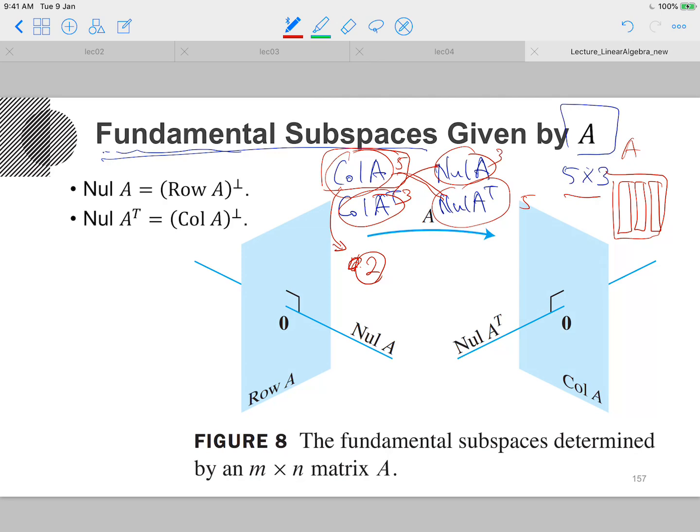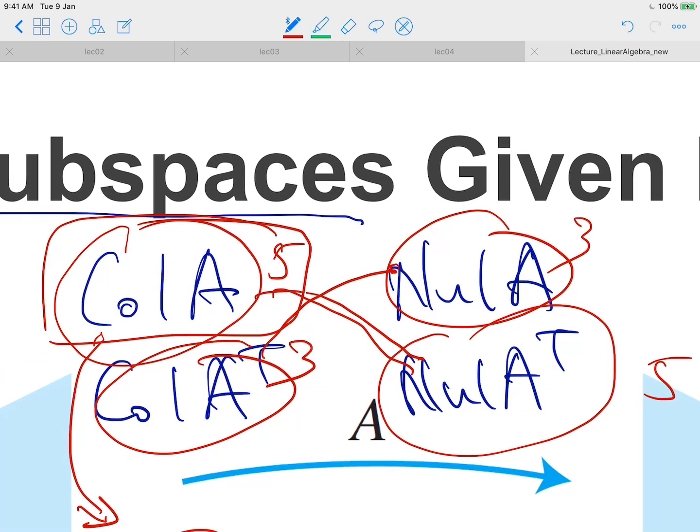The meaning of orthogonal complement is that if we combine the basis of the first subspace and the basis of the second subspace into a single space, it will fill out our entire 5-dimensional space. At the same time, any vector from one space and any vector from the other space will always be orthogonal, meaning they don't have any overlap. That is the meaning of this complementary relationship.